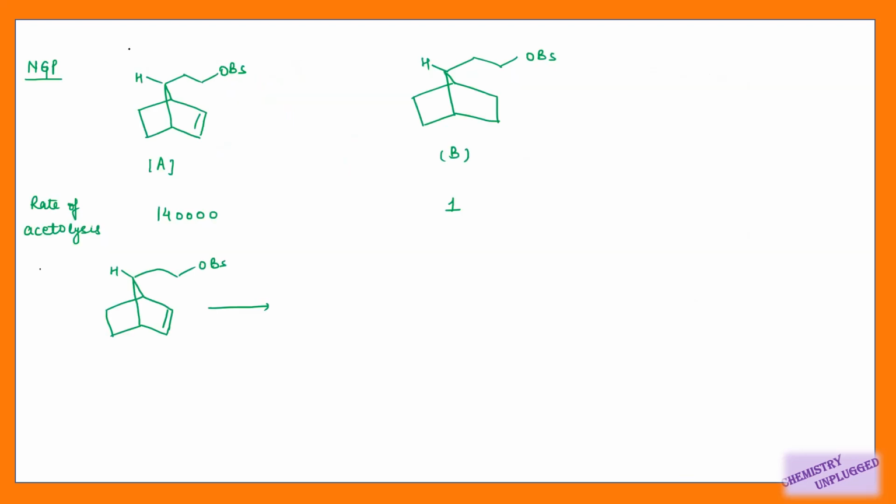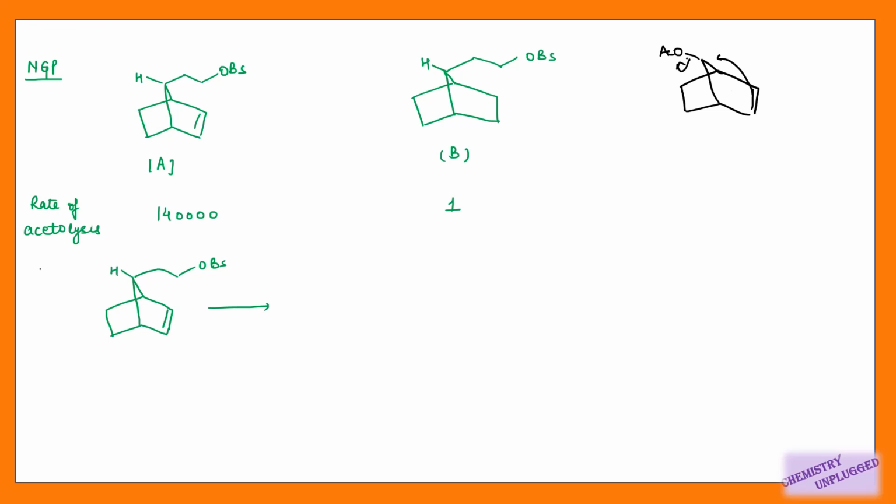Then I will take a question based on the previous video: whether neighboring group participation is possible in a cis norbornene type of molecule or not. I have an example based on this. In the previous case we saw this type of molecule, and we can stabilize this carbon by this pi bond.